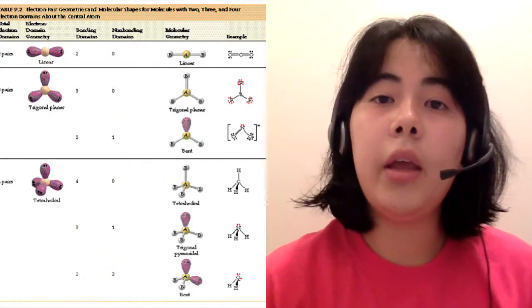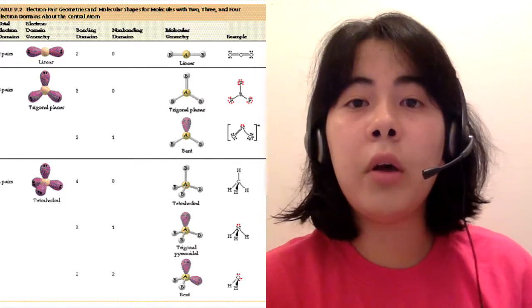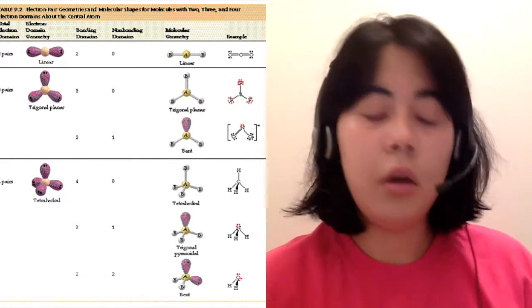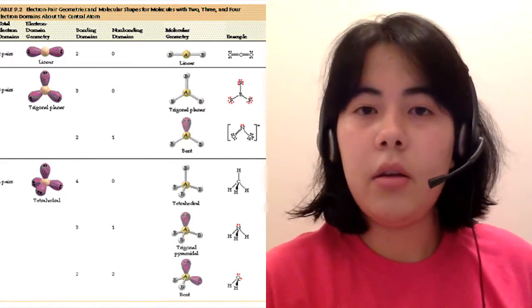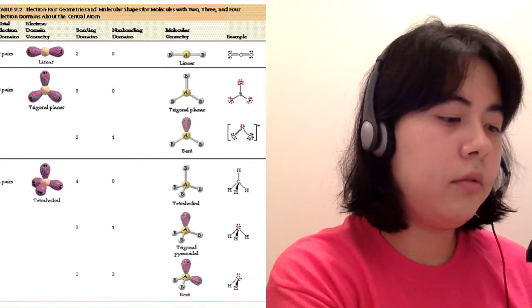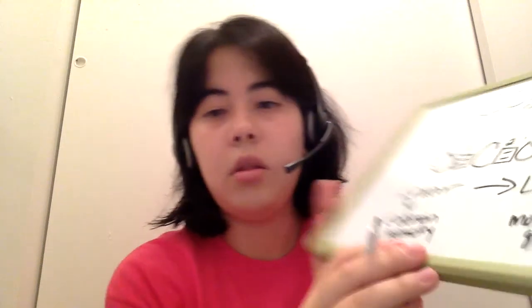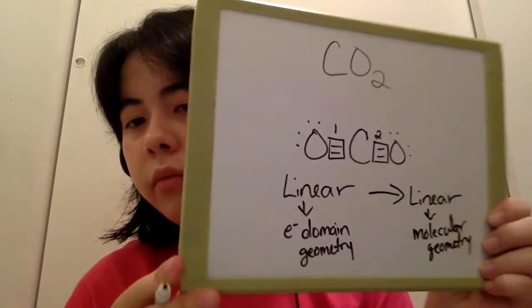We're going to go back to our handy dandy table 9.2, aka our best friend, and we're going to go down where it says bonding domains, and we're going to find number 2. When we do that, it's going to tell us that our molecular geometry for CO2 is going to be linear.